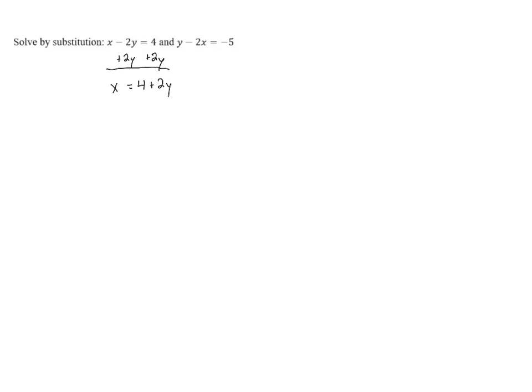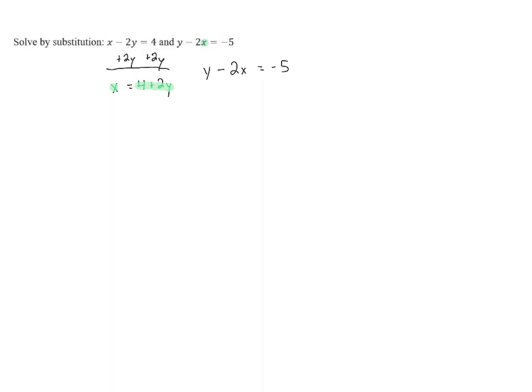Now that we've isolated x, we're ready to make our substitution. Because x is equal to 4 plus 2y, in the other equation, wherever we see an x, we can replace that with 4 plus 2y. I'm going to rewrite the second equation down here, just so that we have room. Y minus 2x equals negative 5.